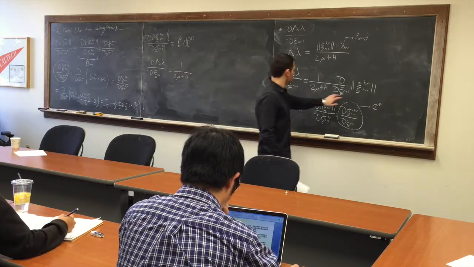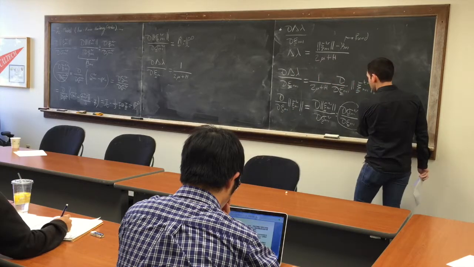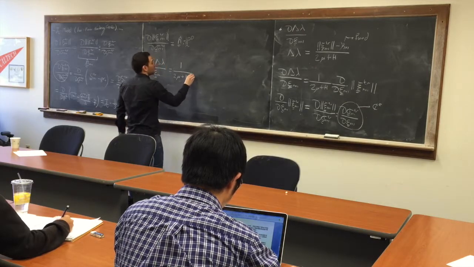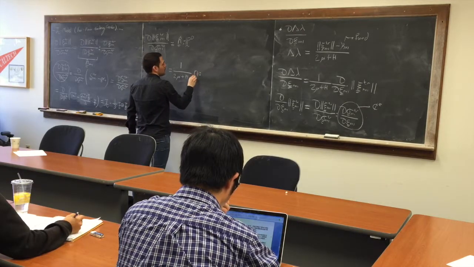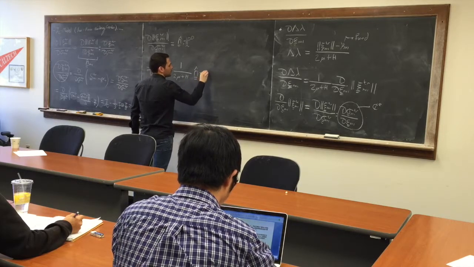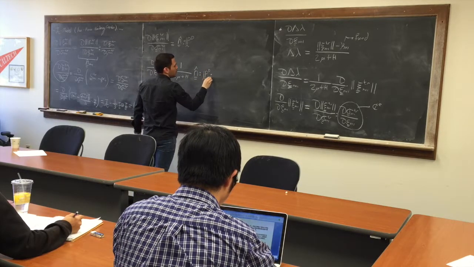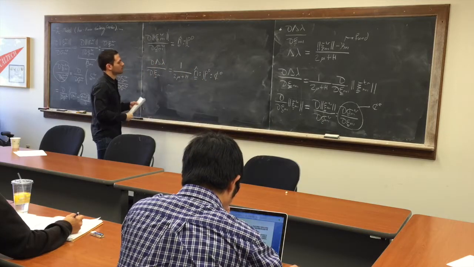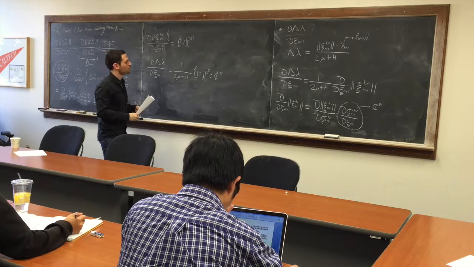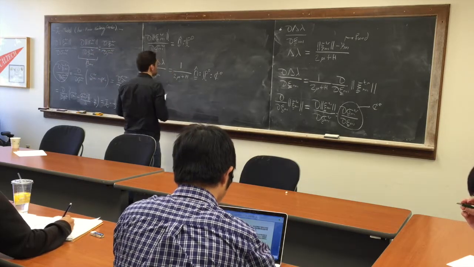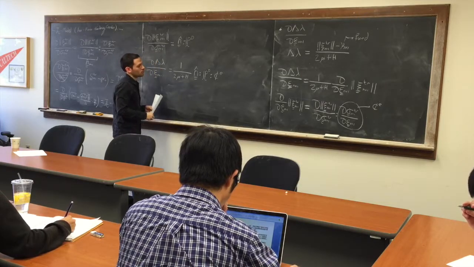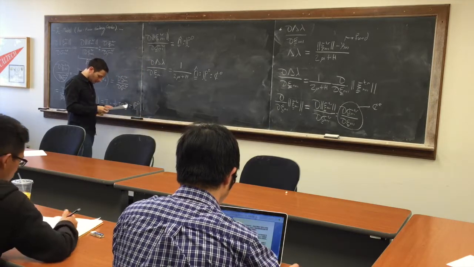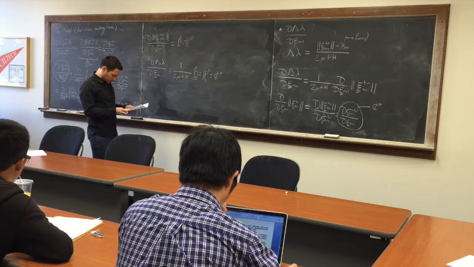So this derivative here is that one plus CE, times CE. And the result has to be that.